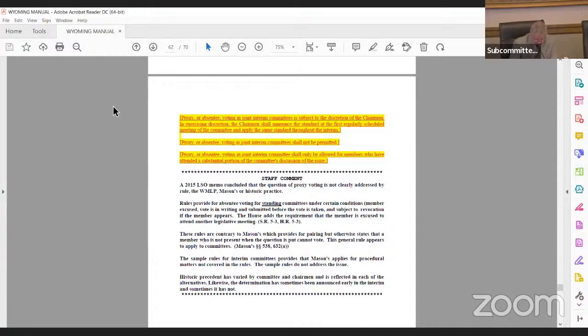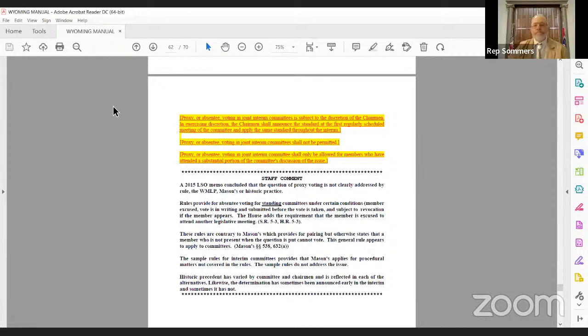You note in the staff comments, as I said, the rules are contrary to Mason's and historic precedent. The reason we gave you options here, Mr. Chairman, is because you've really done all 3 of these things. At the end of the day, I would say, in my experience, you just let the chairman make the call. Mr. Chairman, I'll turn it back to Representative Summers.